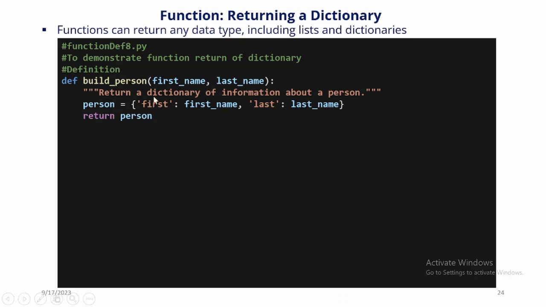So, which are the keys and the values in this dictionary? First is the first key and first name is its value. Last is the second key and last name is its value. Just return person. A dictionary will be returned from this function. If you now call the function musician equal to build person Jimi Hendrix, print musician, it's going to print out a dictionary.